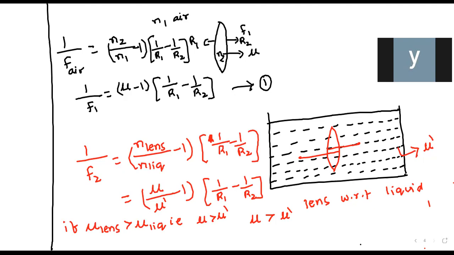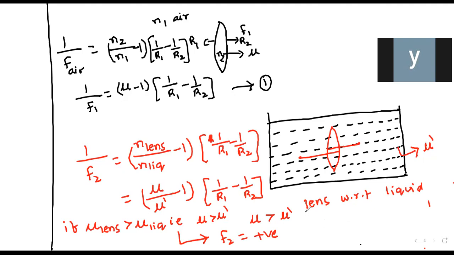Greater than 1. Then I can say that under this case, F2 is positive. F2 positive means it acts like a convex lens or it is a convergent lens.